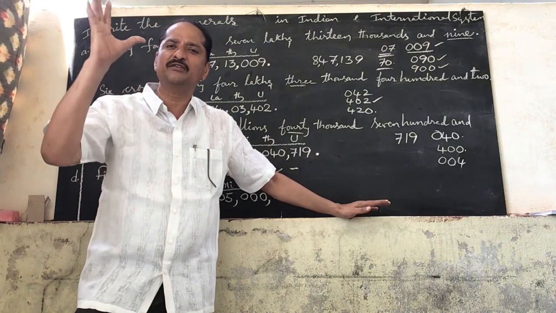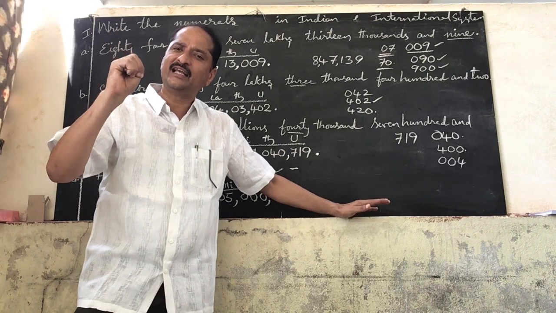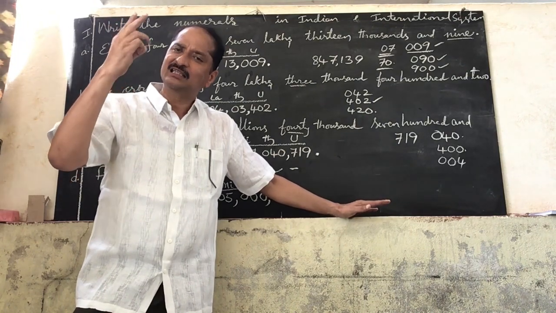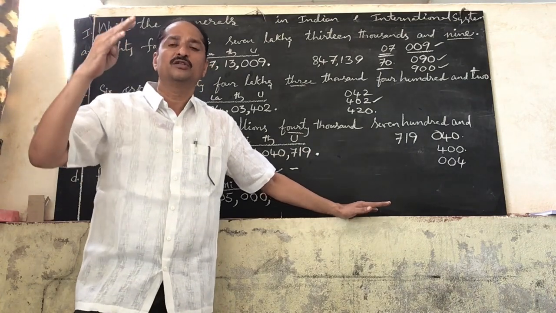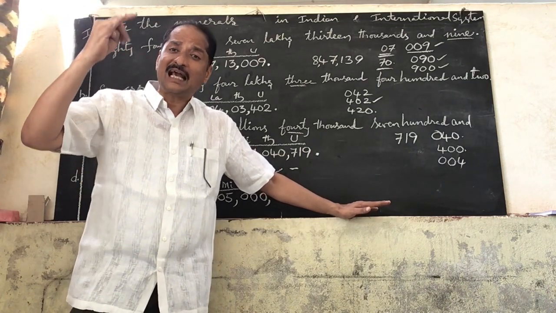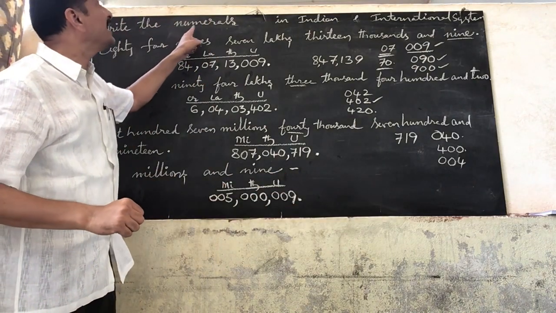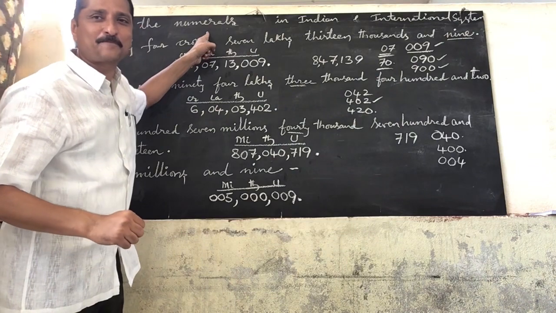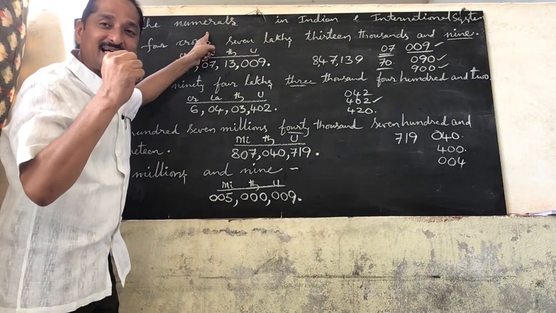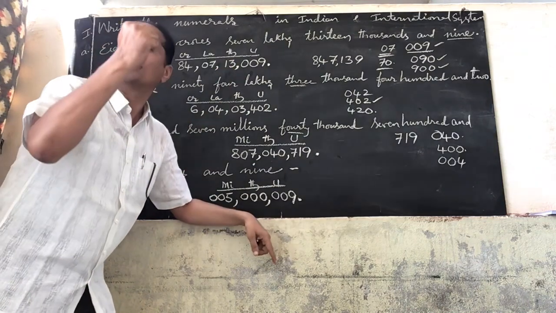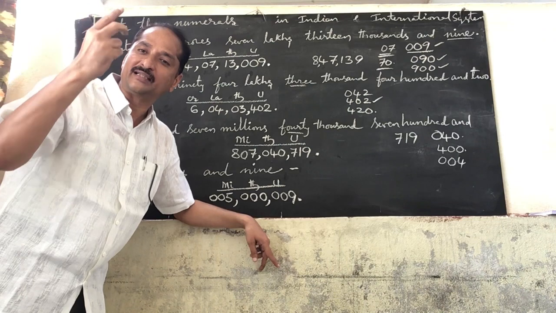In the Indian system, if you are observing, units, thousands, lakhs, crores. Then again, crores, lakhs, thousands, units. Like this, top to bottom, bottom to top. So crores, lakhs, thousands, units will be useful for us in writing numerals. While writing numerals, we should remember the period names from top to bottom, that is crores.